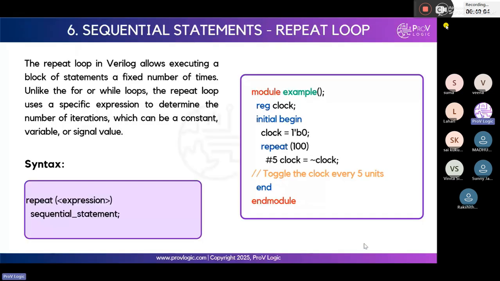So repeat, somewhat you reached. Repeat means a fixed number of times. If it is 100, the loop will be repeated 100 times only. If it is 10, the entire loop repeats only 10 times. Whatever we have written in it will repeat, like a for loop.